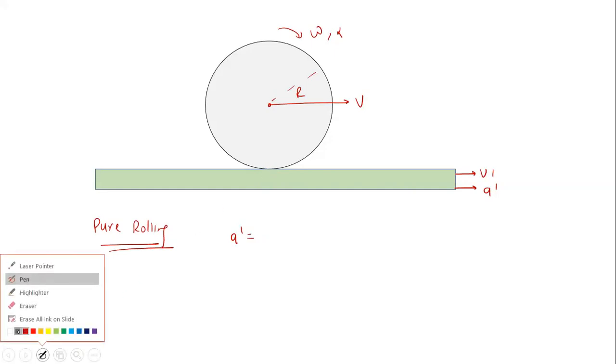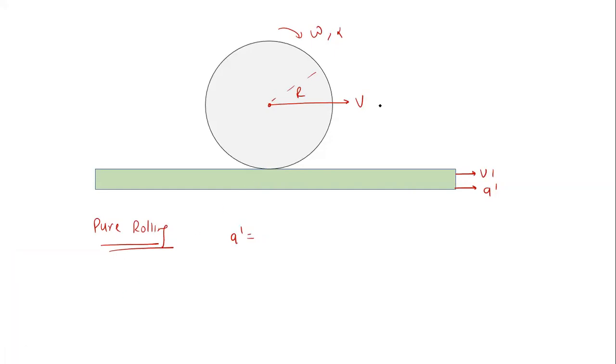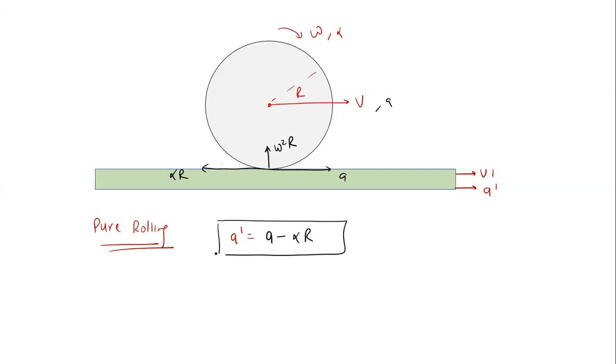So for the point of contact, we have an acceleration a on the right side, then alpha r on the left side, and then omega square r. The acceleration of the plank would be equal to the acceleration of the point of contact, which is a minus alpha r. This is the acceleration when the plank is moving.